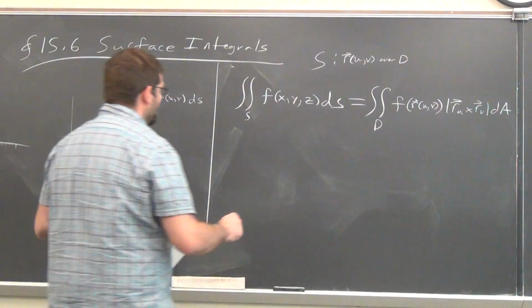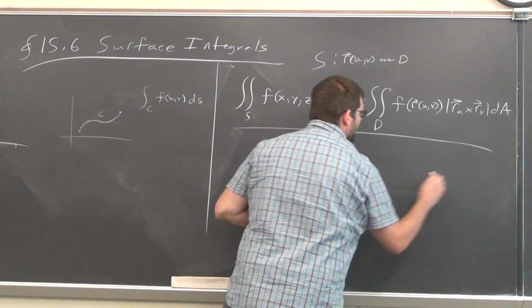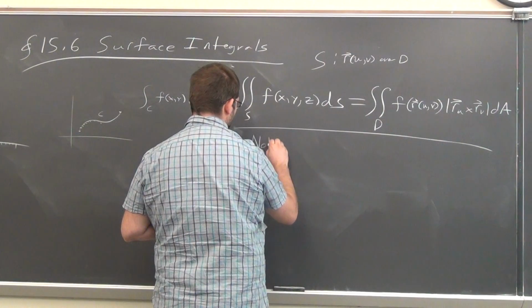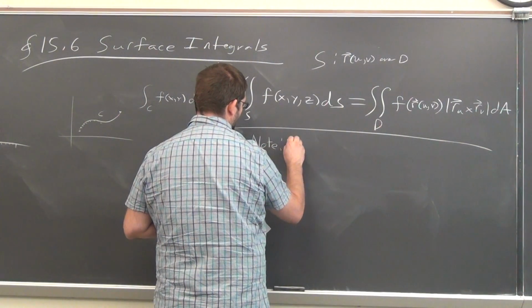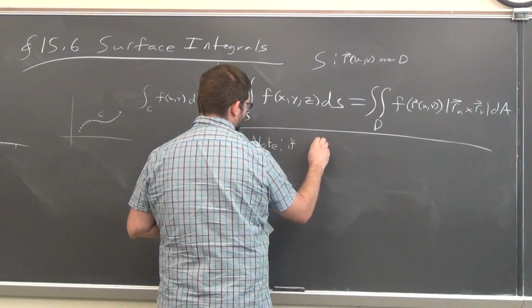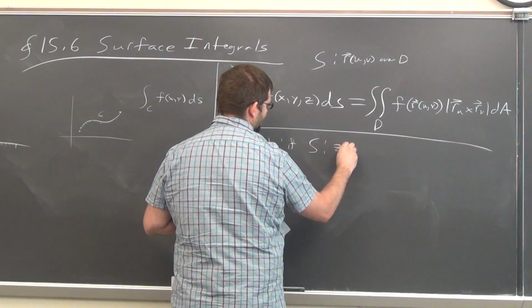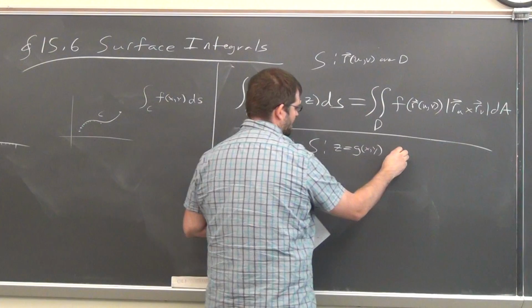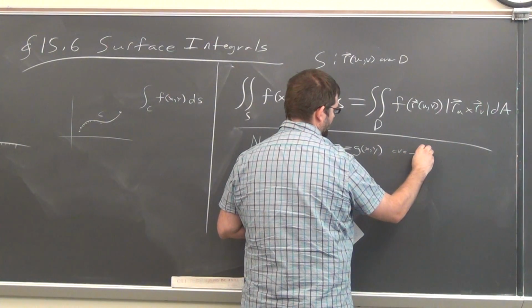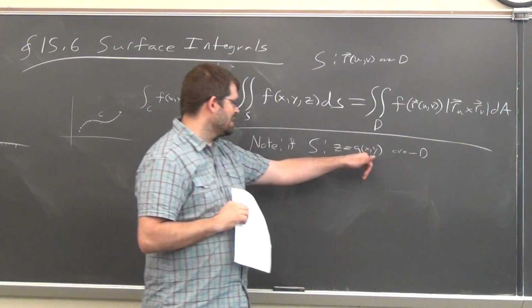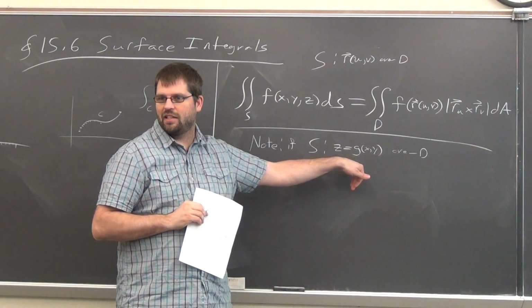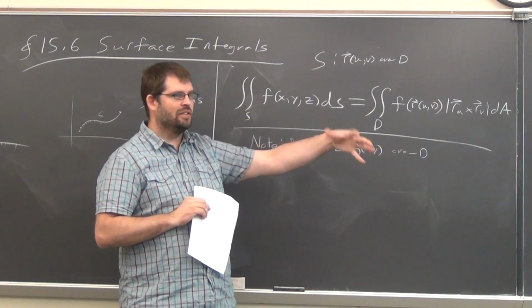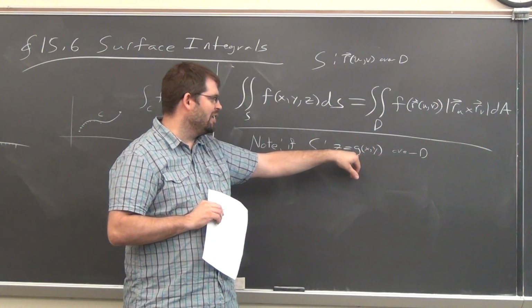And I guess I'll note, in the one particular instance, if your S is just given like this, so this is still a parameterization, right? If z is given as a function of x and y, that should give a surface over some D.